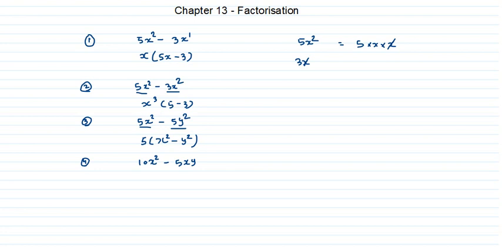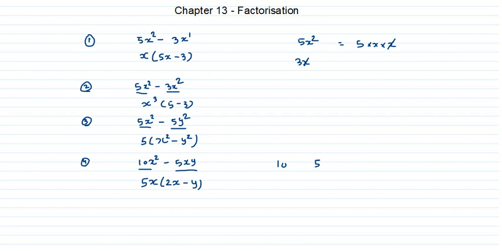Now here you can take a constant as well as a variable as a common. How? If you see x square and x, you can take out x as a common. But you have another two numbers, 10 and 5, where you can take out 5. So what you are left with is 2x minus y.